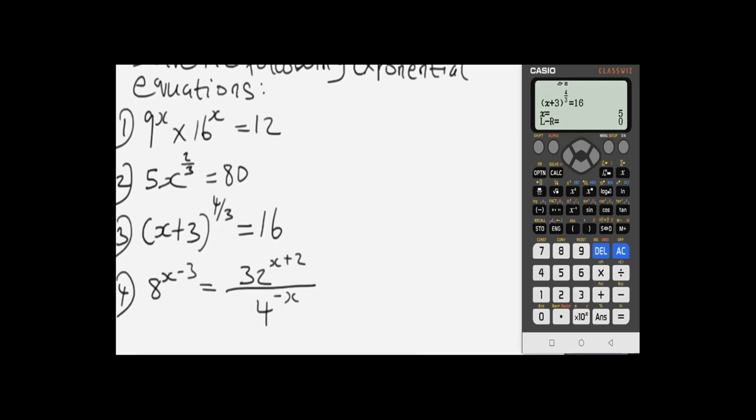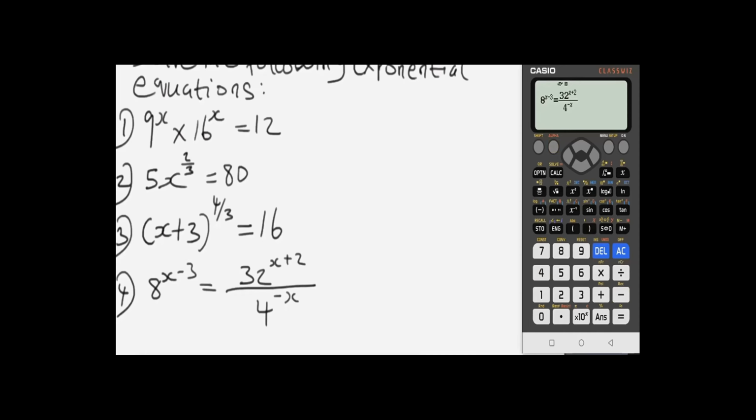Lastly, before I end this video, let's solve question 4. Press AC button. So we have 8 to the power x alpha this button, minus 3. You come down equals alpha and this calc button, in fraction we have 32 to the power x alpha x plus 2 over 4 to the power minus x alpha and this button.